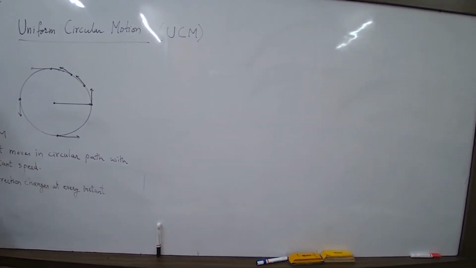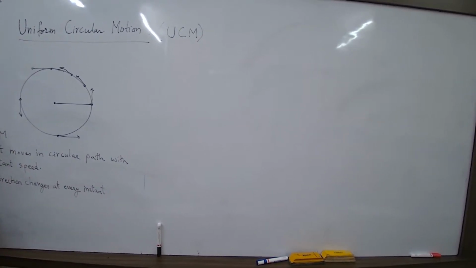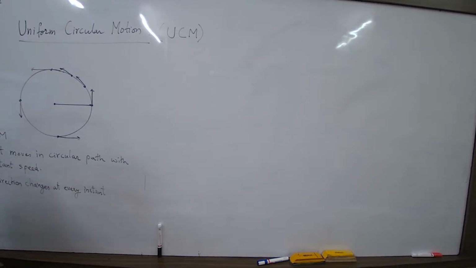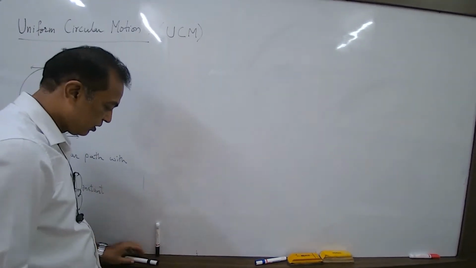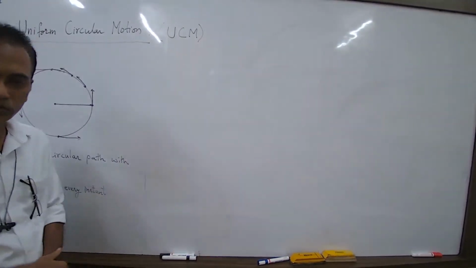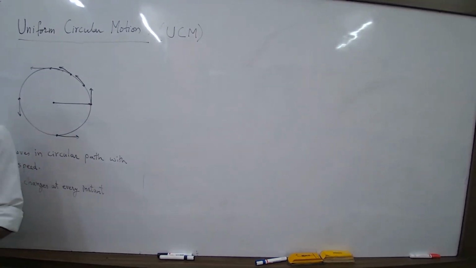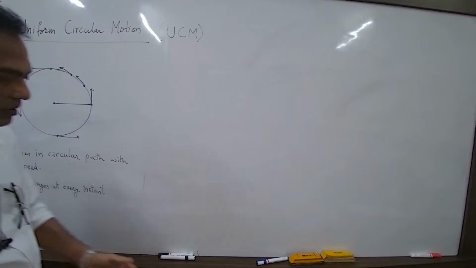So if the direction of motion is changing, then what is happening? Who is changing the direction? Will direction change on its own? Like if the body is moving in a straight line, will its direction change on its own? No. Then how will its direction change? Some force must act on it, right?